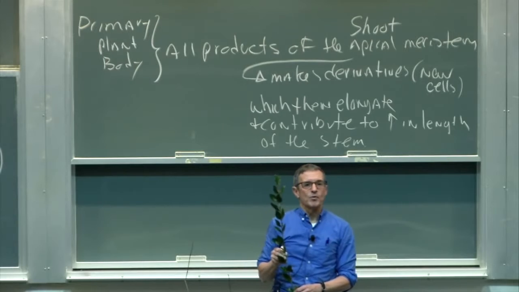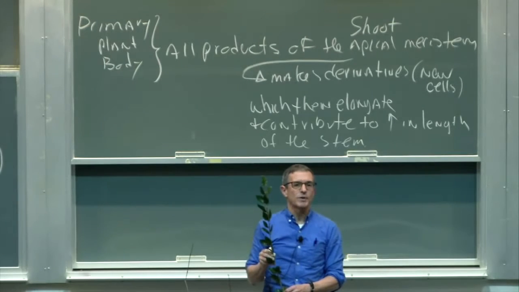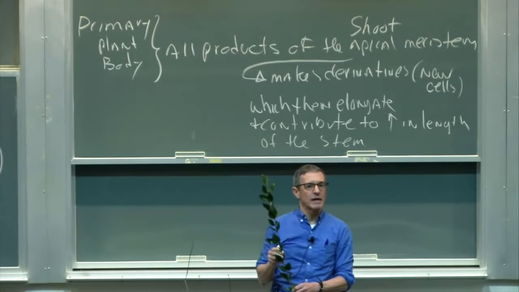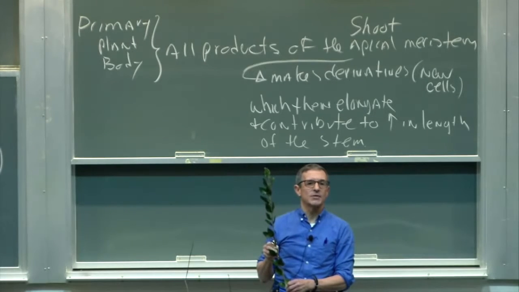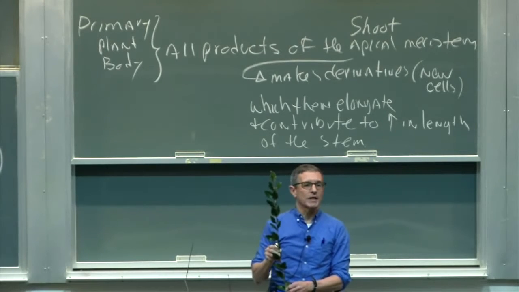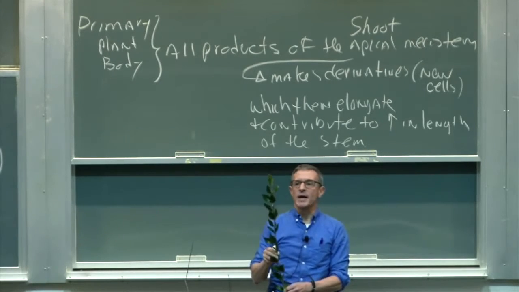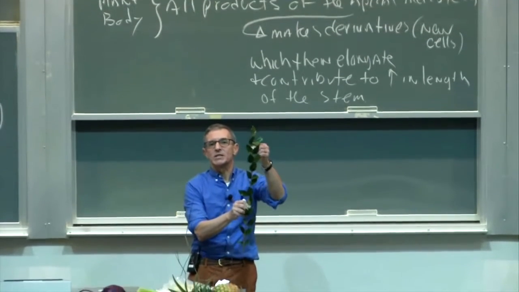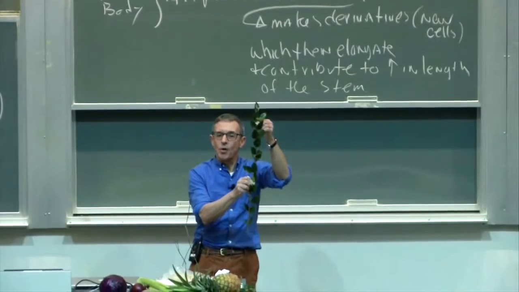And this will have more relevance to you in a few more lectures when we talk about hormone physiology in plants and how it affects development, because the development is affected as the hormones interact with the apical meristem. So let's first talk about an apical meristem and understand that elongation growth is necessary for the stem to grow upward.